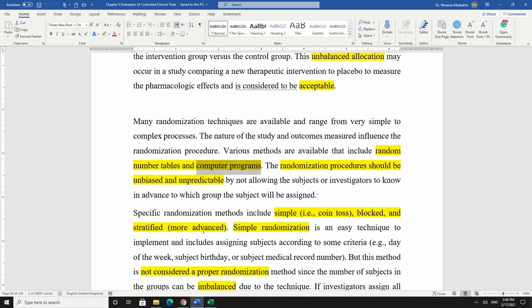What is more advanced? More advanced is stratification. And for stratification to be useful, I need to do it along with blocked design. So stratified, blocked, in order to have equal number of subjects and equal distribution of risk factors in the two groups.